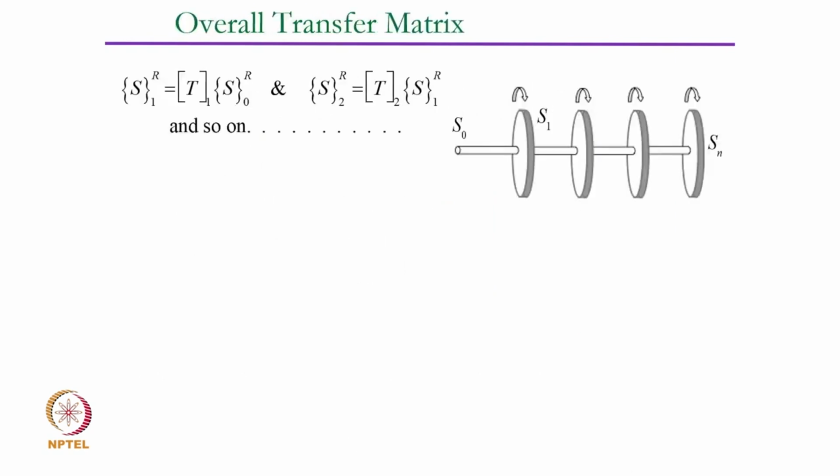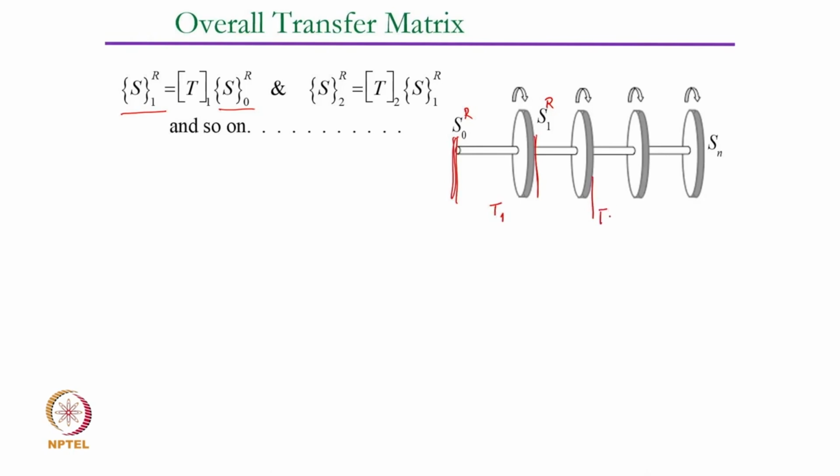Therefore S1R will be related to S0R, the previous segment's right side, through the first transfer matrix. If I call this S0 and this one S1, of course the right side of it, then S1R is this state vector and S0R is this state vector. They will be related through a transfer matrix T1.